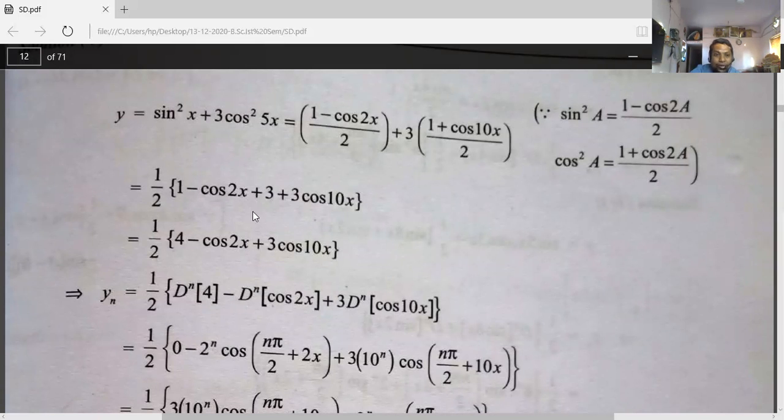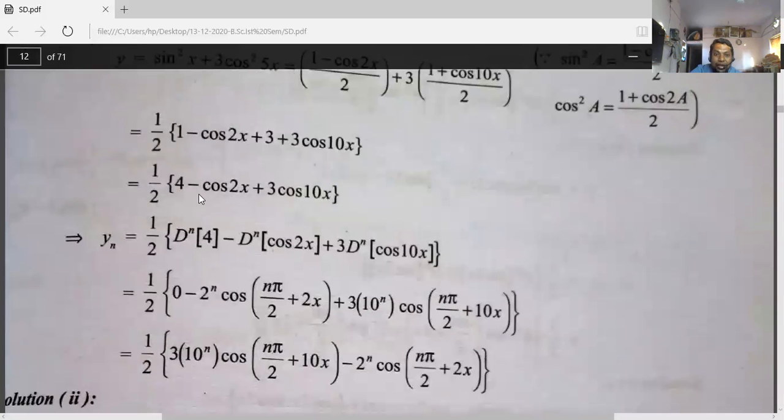You can take 1/2 as common, and the remaining is (1 - cos 2x) plus 3(1 + cos 10x). You have to multiply and simplify, so that here we get 4 components. If you simplify further, you get this.